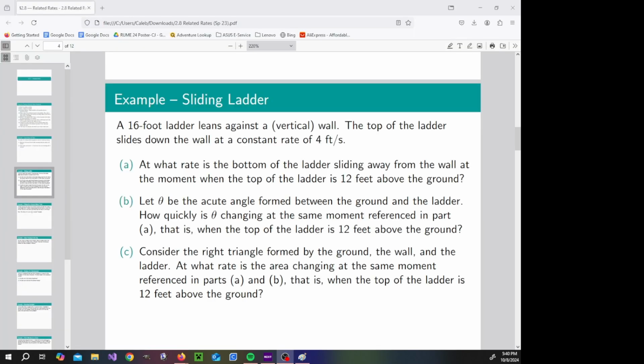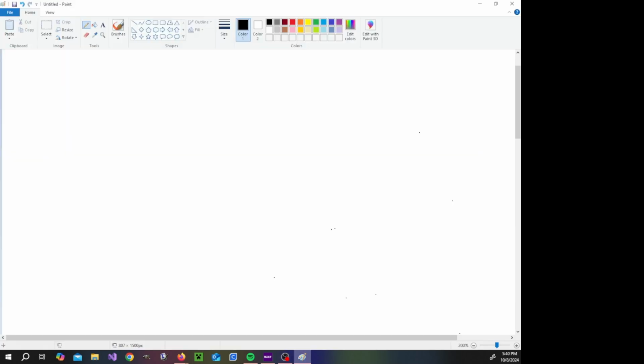Okay, so now let's consider this question. A 16-foot ladder leans against a vertical wall. The top of the ladder slides down the wall at a constant rate of 4 feet per second. Okay, so let's visualize this situation so we can maybe see what's happening.